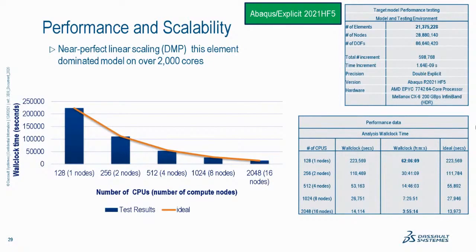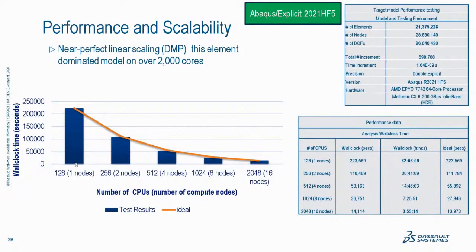The hardware here is the AMD EPYC platform with 64 cores per processor, and these compute nodes have 2 sockets, so we have 128 cores per node. This example is element dominated, so it doesn't have general contact. No need to worry about contact in this.